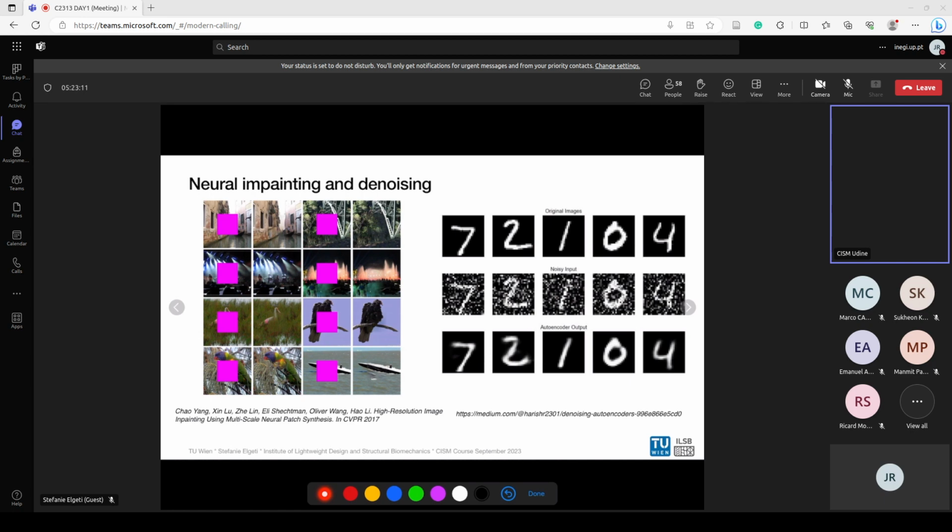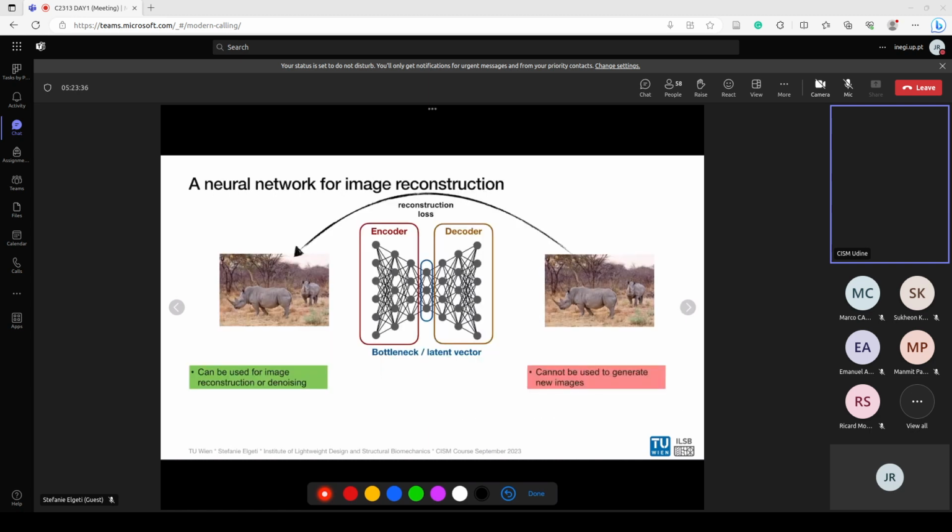The other application is the denoising. So those were the original images with which it was trained. And this is then the noisy input that is given, and the autoencoder is then able from this to reconstruct the number that was in there very nicely. So this works very well.